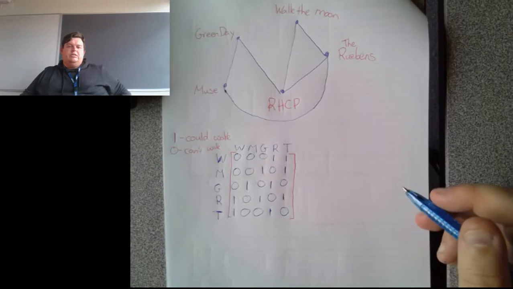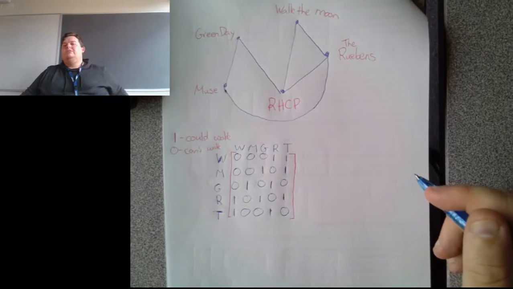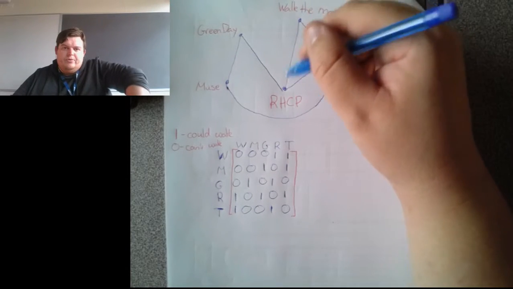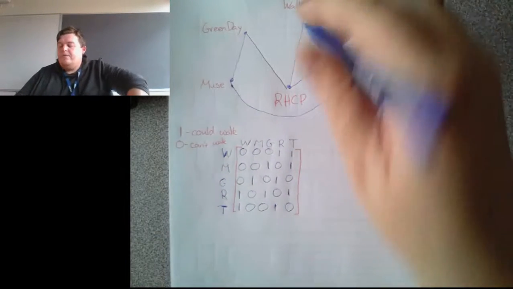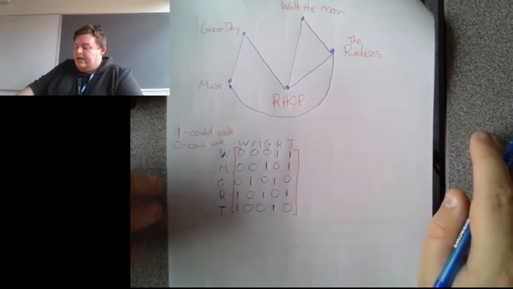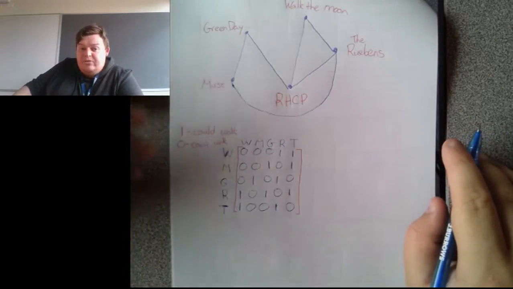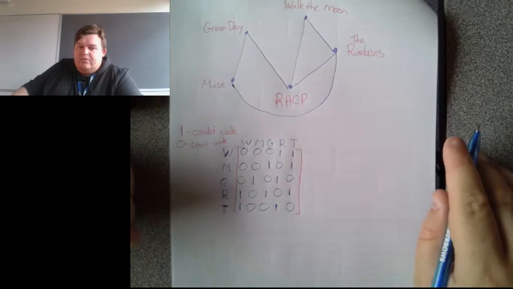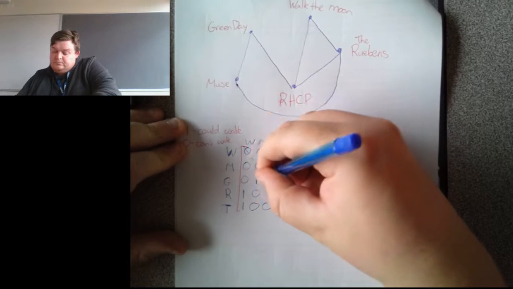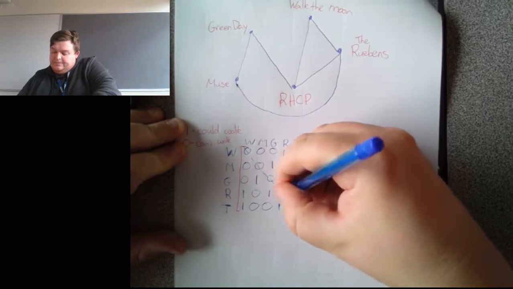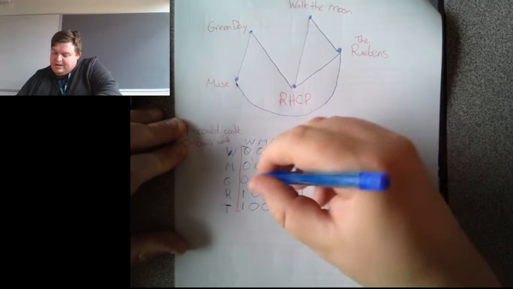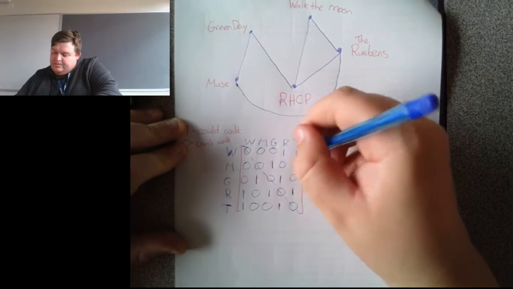Because this is a graph that doesn't have directions, it's not saying, for example, that you can only go from Walk the Moon to Chili Peppers and not back the other way. Because it's not directional, we actually have a line of symmetry, which is a good way to check if you've got it right. If you go down this line diagonally, you should see that these ones are all matching up as a mirror image.